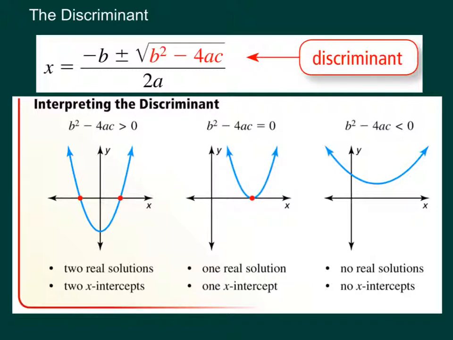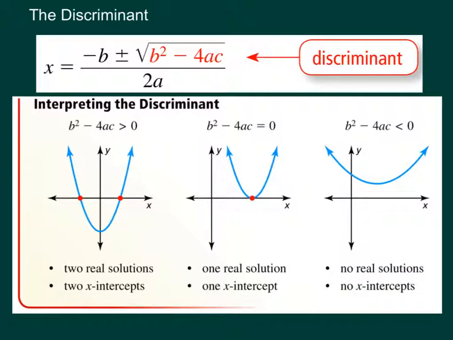The resulting parabola would have one x-intercept. Again, the connection to the graphing that we've seen before. That's where the vertex is actually on the x-axis. And finally, if your discriminant is negative, less than 0, we're going to have no real solutions and no x-intercepts. And that's because we can't take the square root of a negative. That's what's causing us to have problems there.